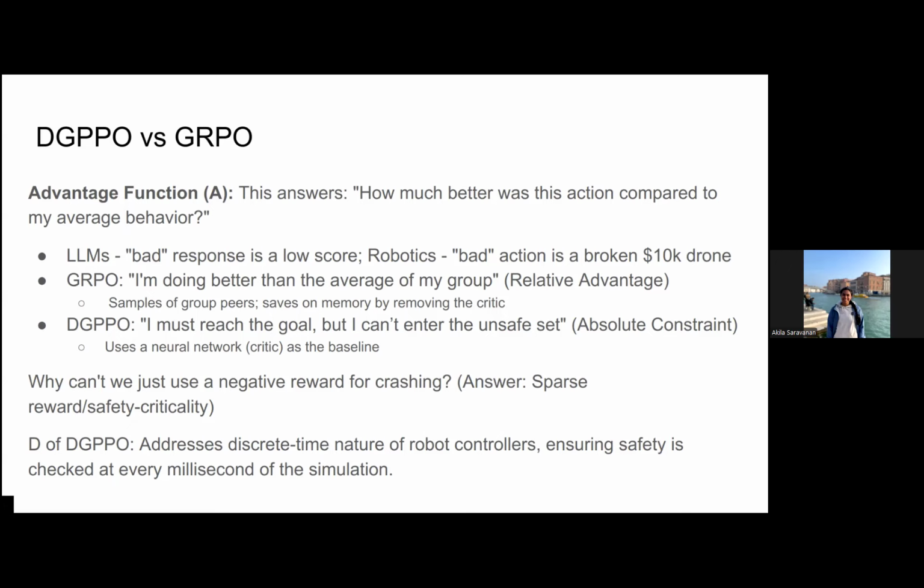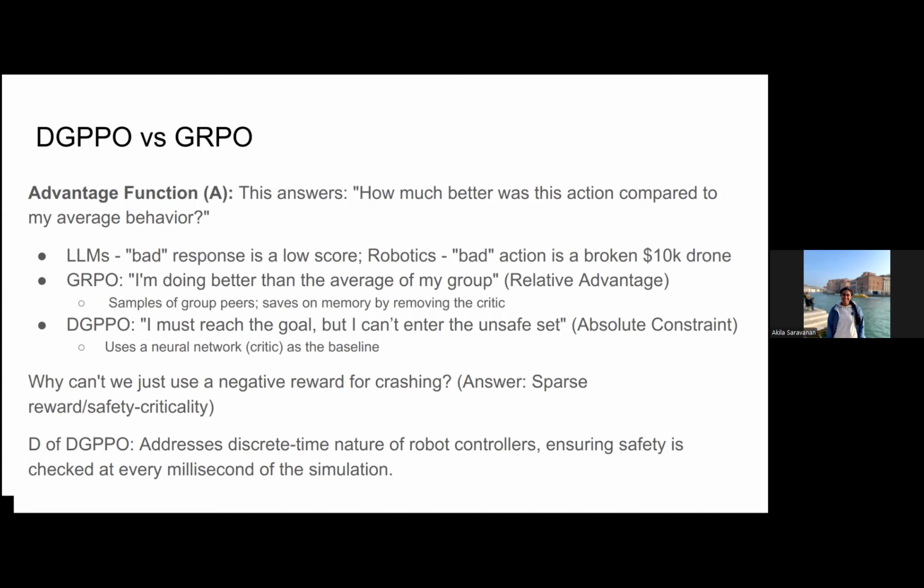So if your controller is working at 100 Hertz, let's say, you recalculate your policy according to whatever frequency your robot is operating at. We're not treating it as continuous, we're treating it as discrete time. That's where the D part comes from. We've briefly talked about the G, the graph, and I'll talk a little more about that. And the PPO is obviously using PPO as your base algorithm. Any questions on this page?